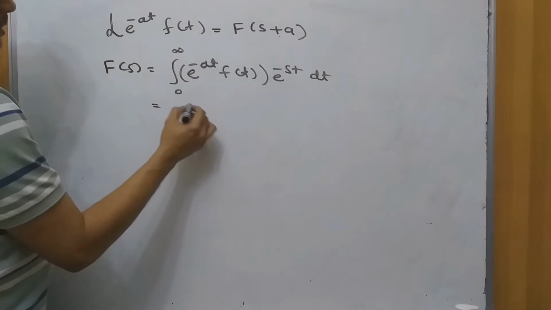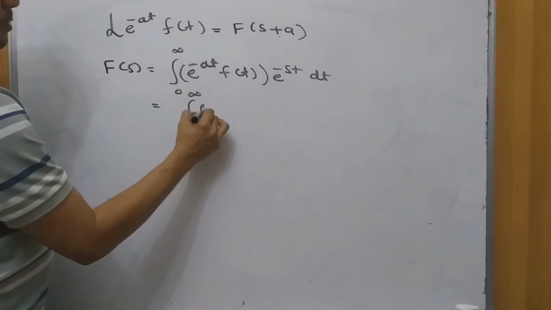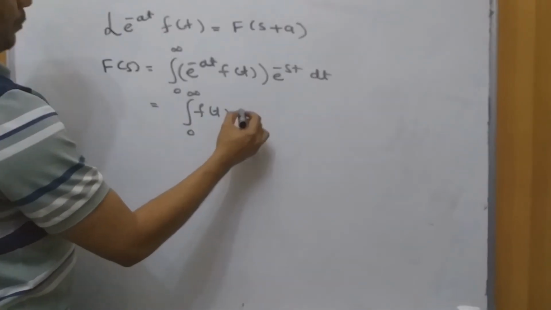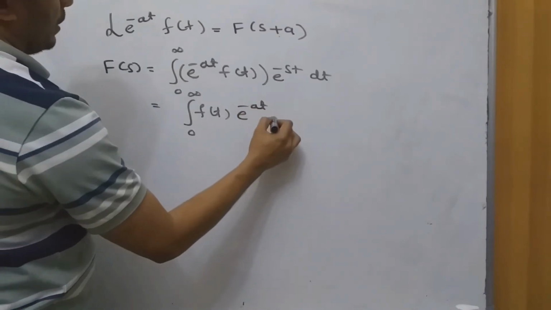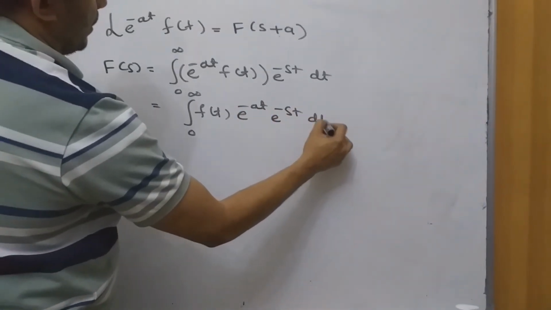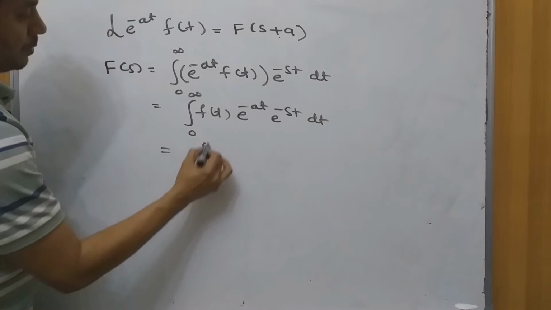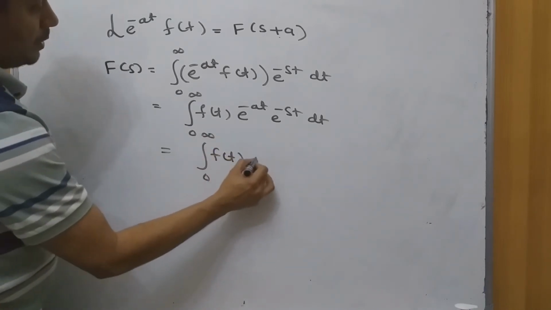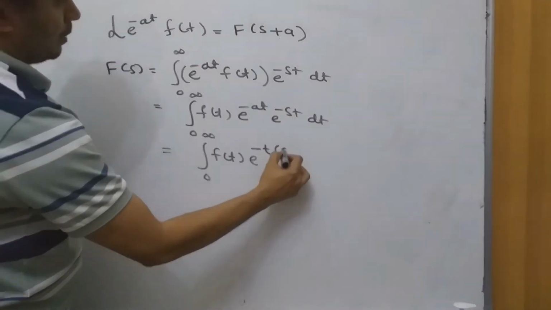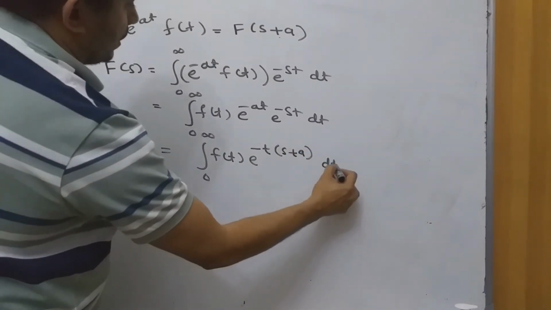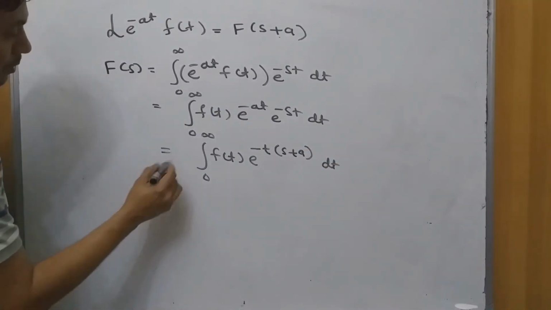Now I just interchange the terms. So the first term I am going to keep, f of t, e raised to minus at into e raised to minus st dt. So now integral 0 to infinity f of t. If I take this minus t out, we will have s plus a times dt. So this is what we got.